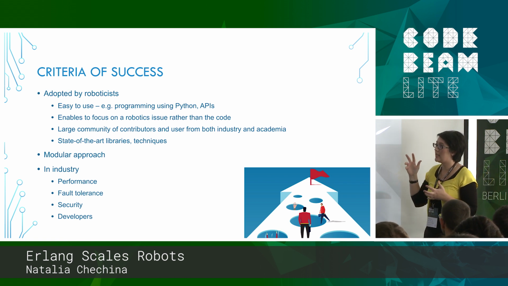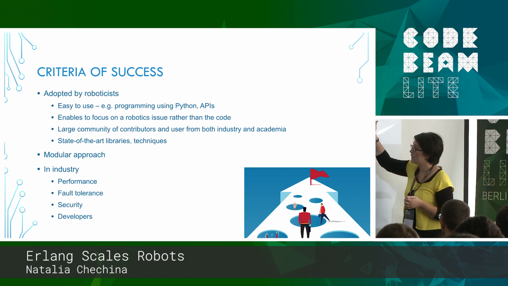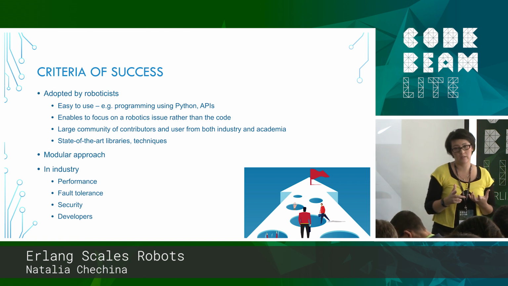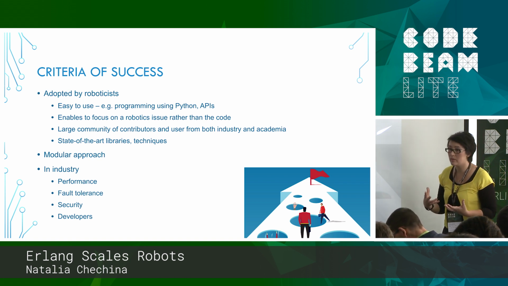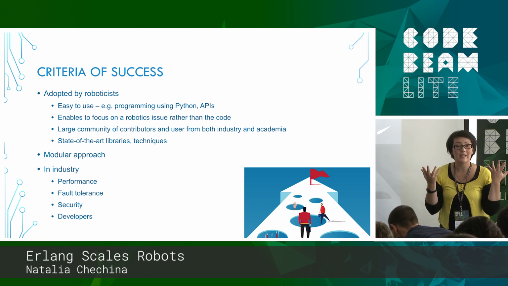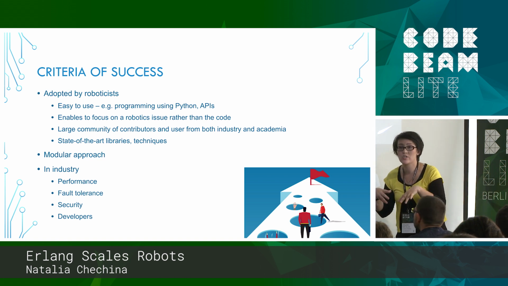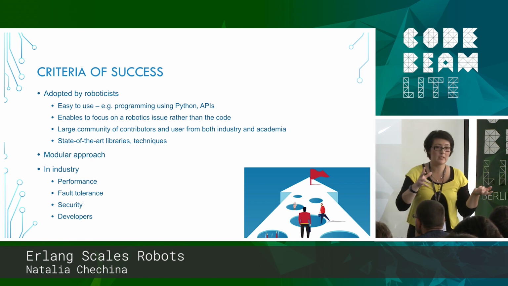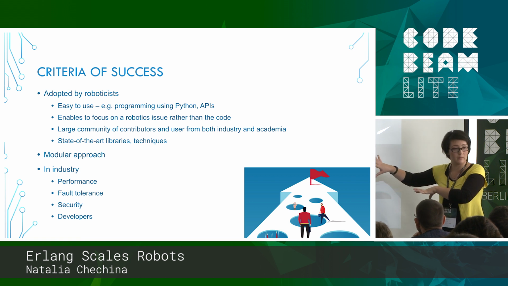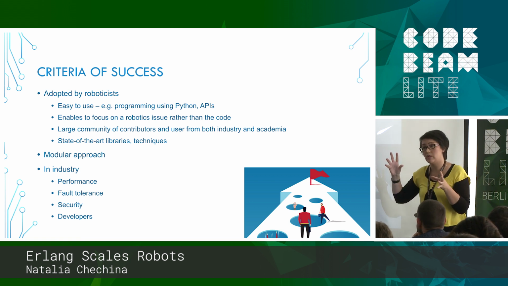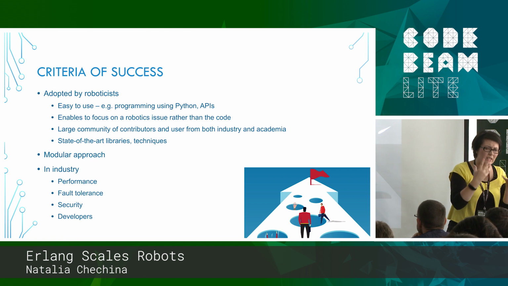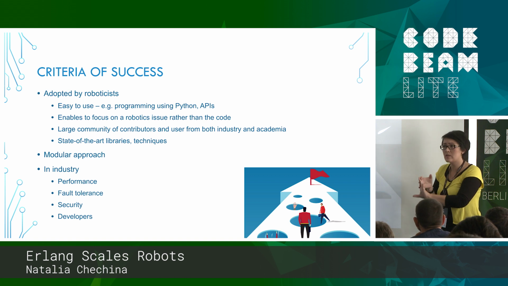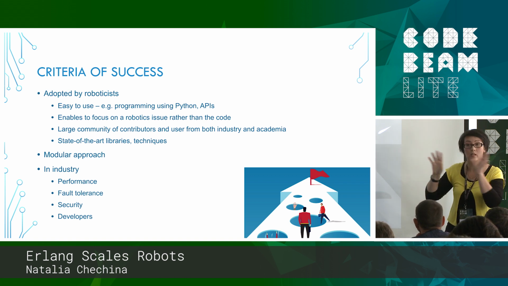The reason is that it must be easy to use, and it should enable roboticists to work with it. The people who actually work with ROS are not computer scientists, they are engineers interested in, for example, vision, movements, all sorts of things, but their least concern is programming. So what they want, in the majority, is a really simple interface with a little bit of Python that they can run. And of course, they don't want to learn another language. In particular, they don't want to learn Erlang.